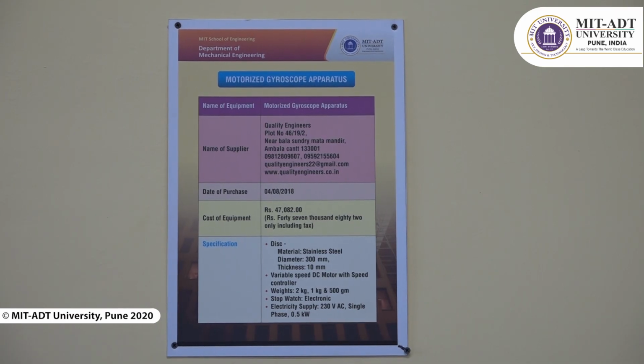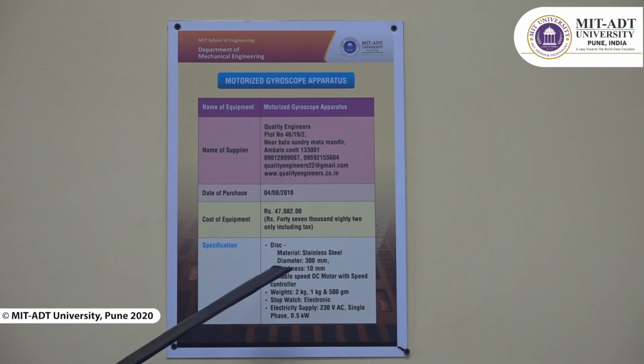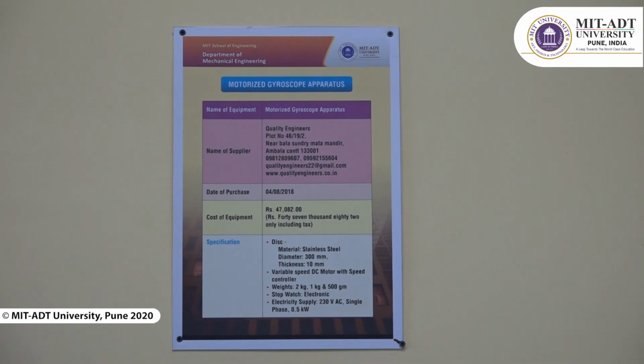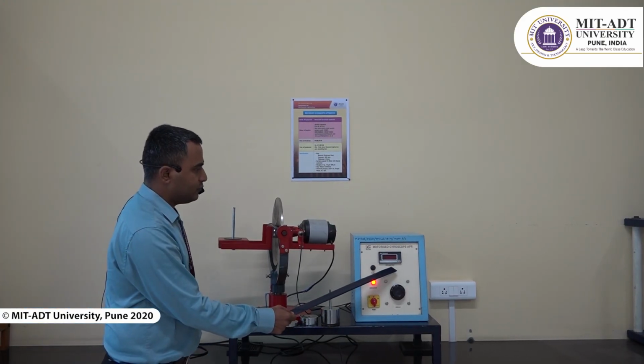With this, we also have a variable speed motor with a speed controller. In this experimental setup, the variable speed motor is here, and the speed controller is located here. On this speed controller, we can see a display to measure how many RPM the disc is rotating at.